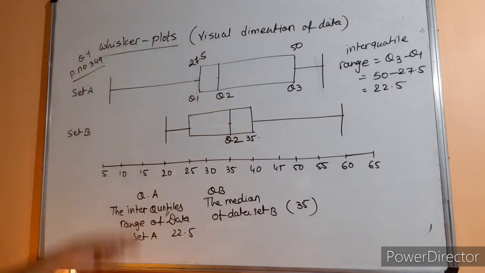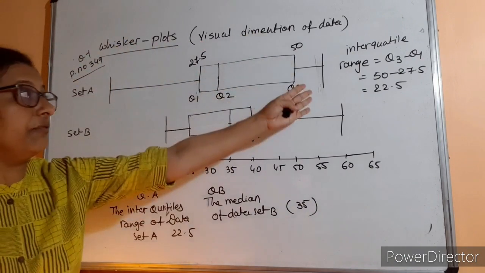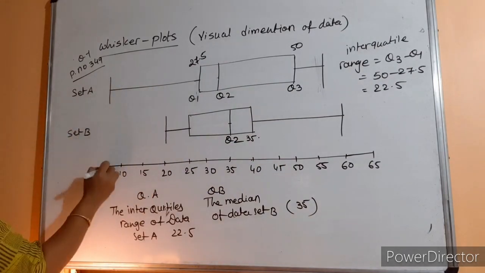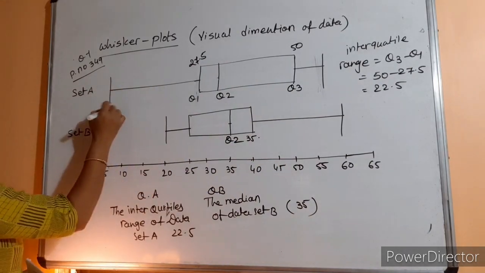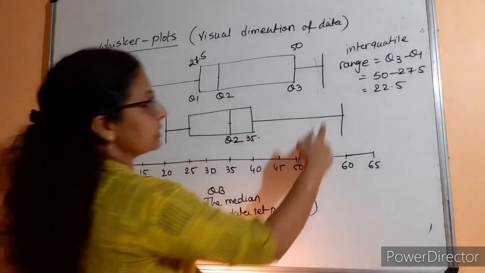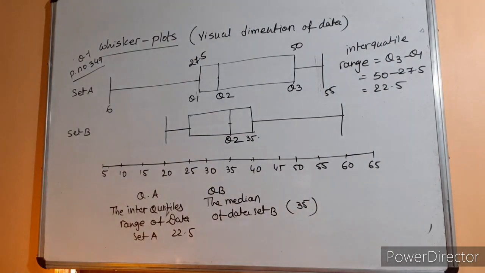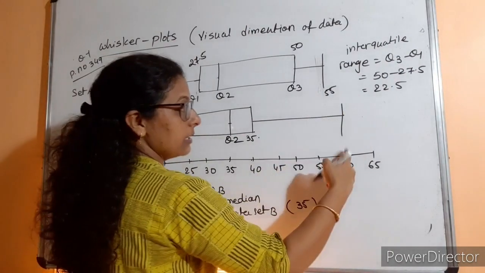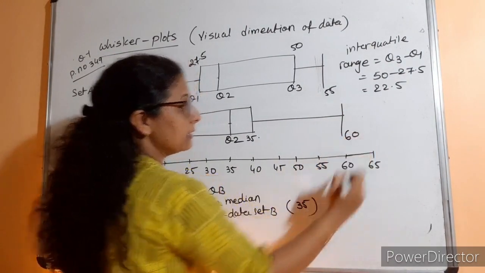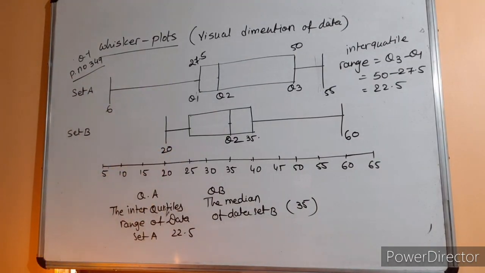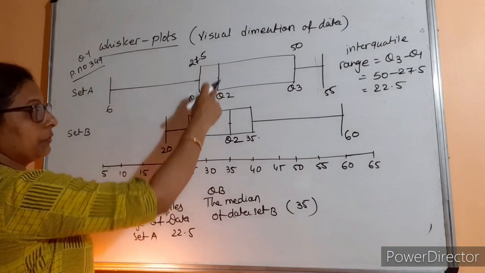Don't find all the values, that is lower whisker, upper whisker, left whisker, right whisker. Right? If you want to find here, it is between 5 and 10, we may take it as 6. This is 55. Right? Yes. Here, this highest, that is right whisker, is 60. This is the left whisker, 20. Then Q1, Q2. What is this median?